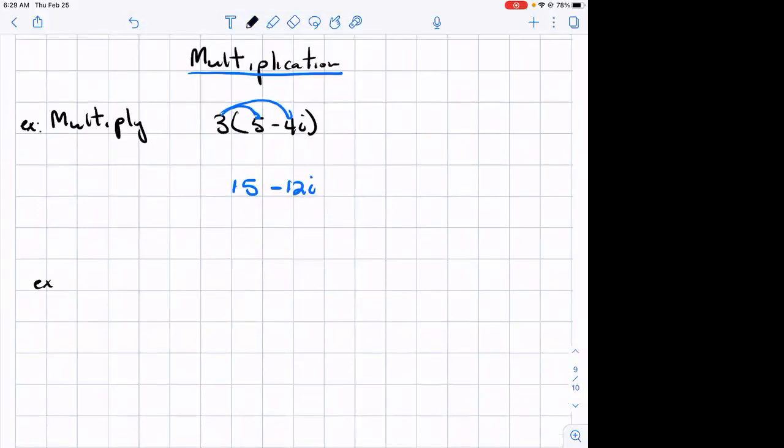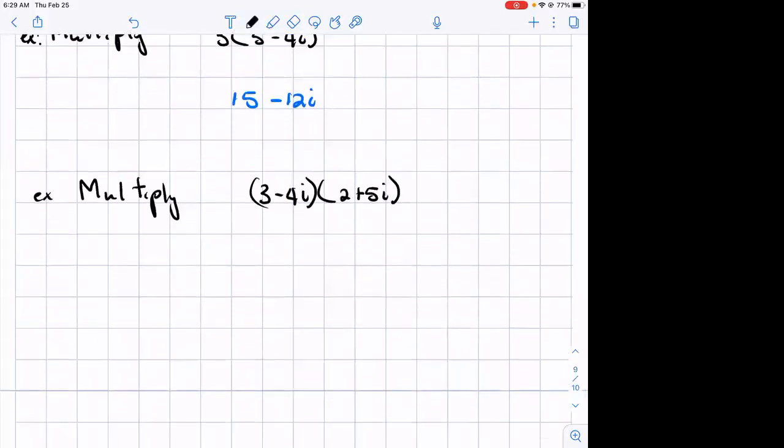On the other hand, if I give you 2 binomials, such as 3 minus 4i and 2 plus 5i, you know if you have 2 binomials, we can FOIL this out. We multiply 3 times 2, which is the first term, so that becomes 6.